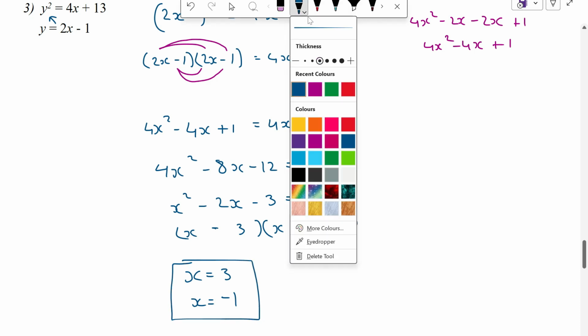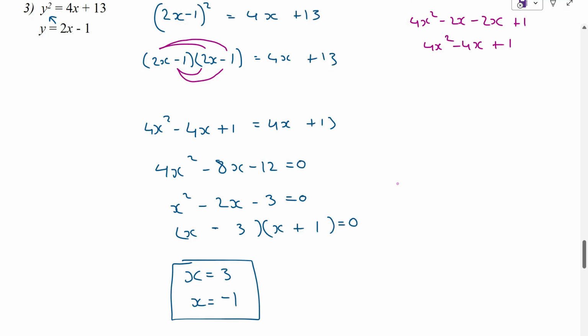Now let's work out the corresponding values for y. So y equals 2x minus 1. So y equals 2 brackets 3 minus 1 and 2 brackets minus 1 minus 1.